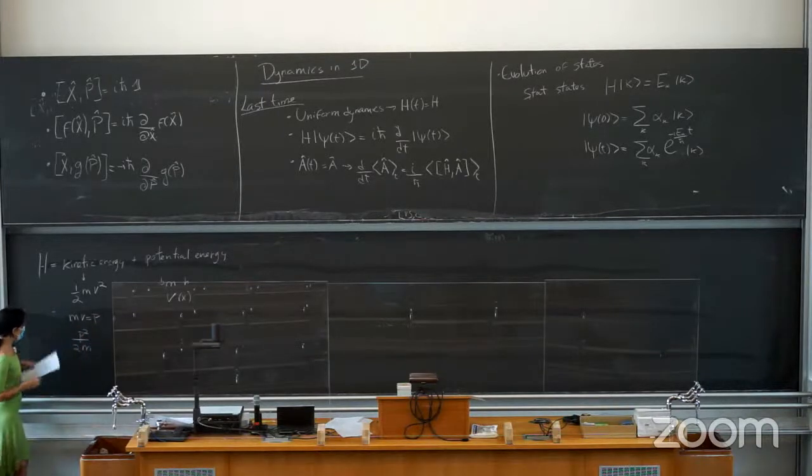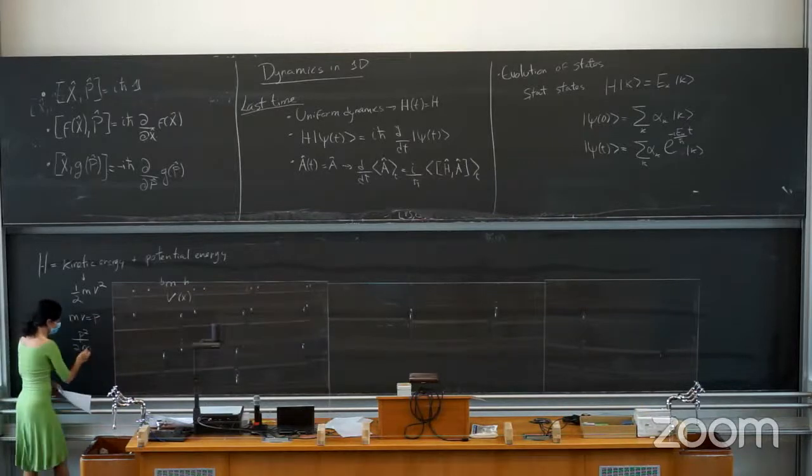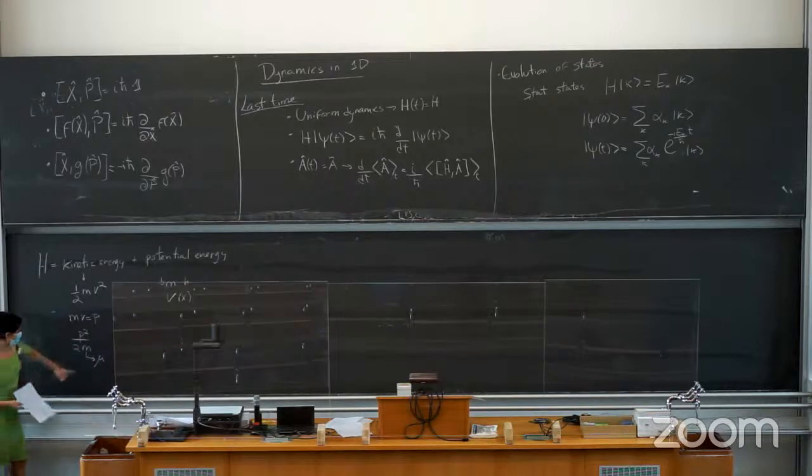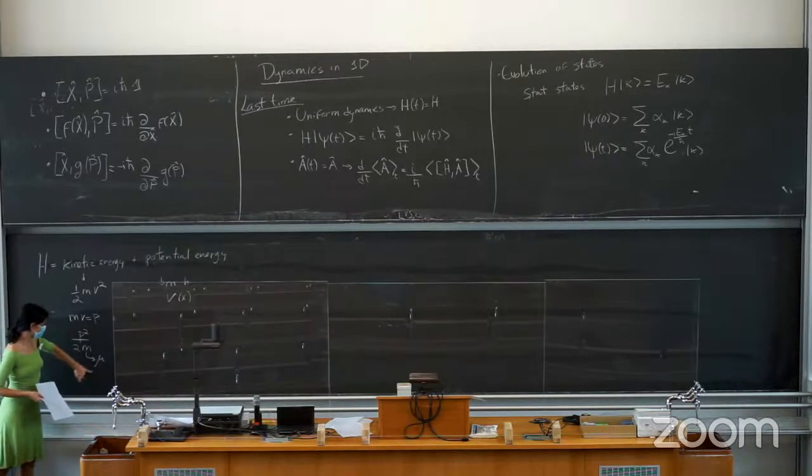And now, instead of m for the mass, we're going to call it mu, just to have consistent notation with the lecture notes and also with the book by Schumacher and Westmoreland, which I recommend, on Moodle.